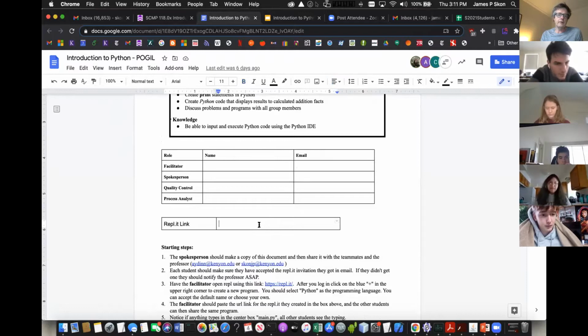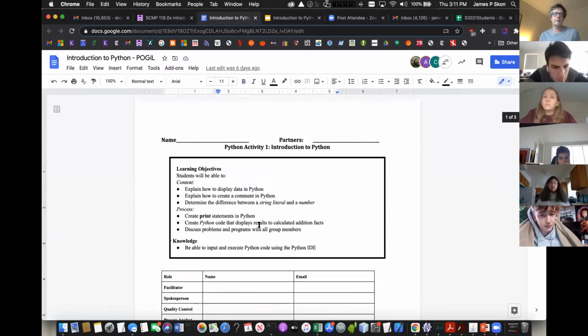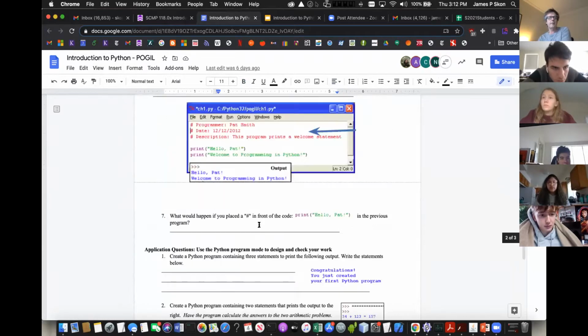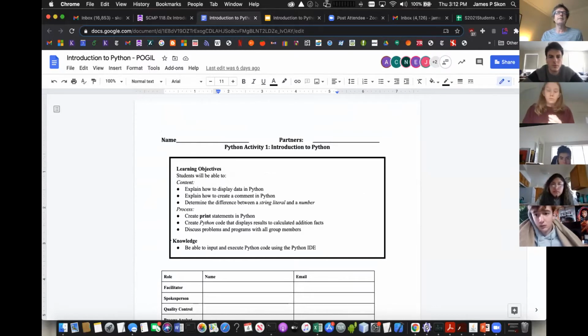You are going to use REPL, and I talked to you about how to do this as you read through the instructions. The rest of everything is in there. Make sure to think about your roles. Okay, let's stop the sharing.